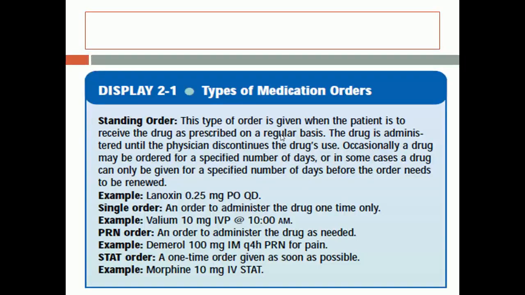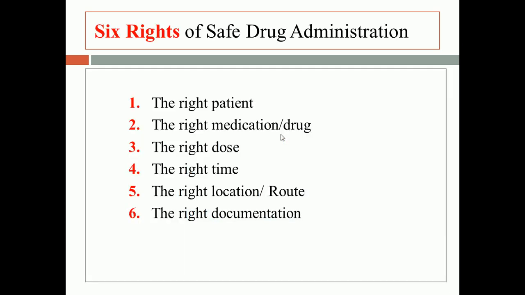These are outdoor patients. Then we have indoor patients. Indoor patients are admitted in different wards in a hospital. For them, the prescription that is written is called a medication order. Here are different types of medication orders. We don't have to go into details.